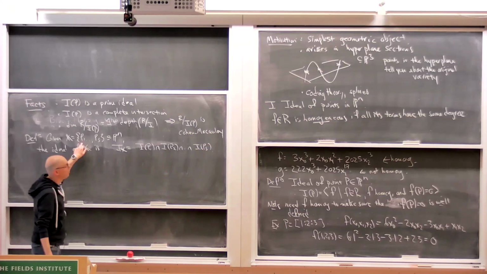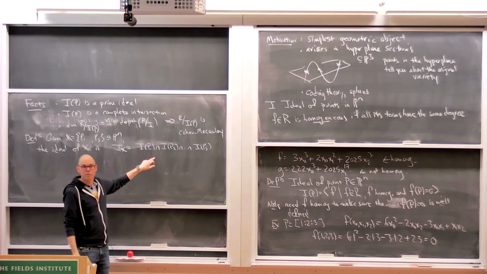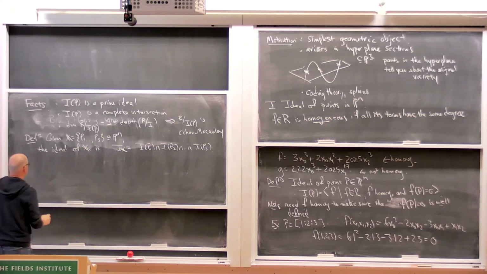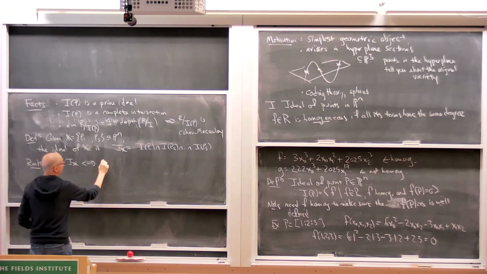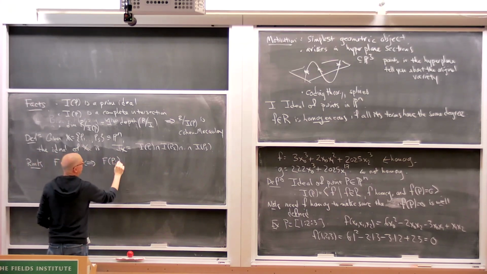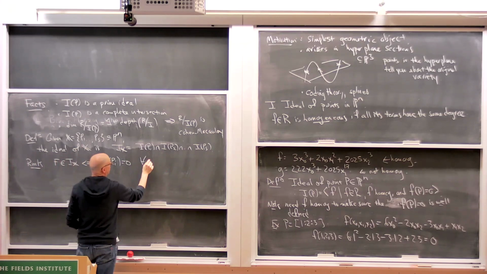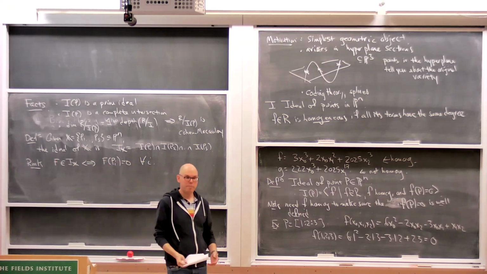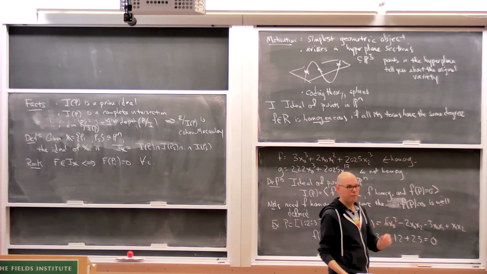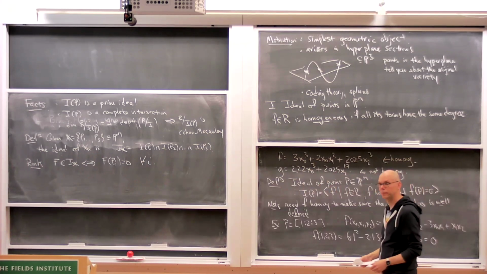You take the ideal of each point and then intersect them. And just as a remark, it should be clear that f is inside of I_X if and only if f(Pi) equals 0. So it's the collection of all homogeneous polynomials that vanish at every point inside of your set.